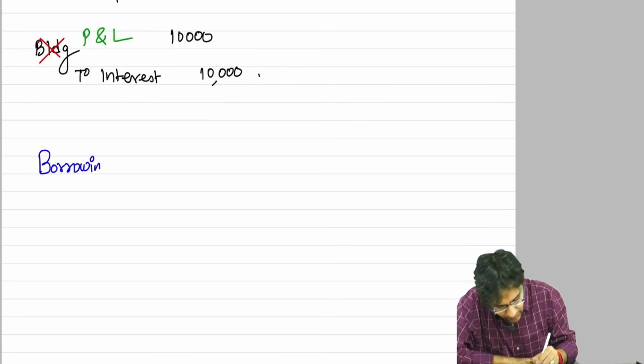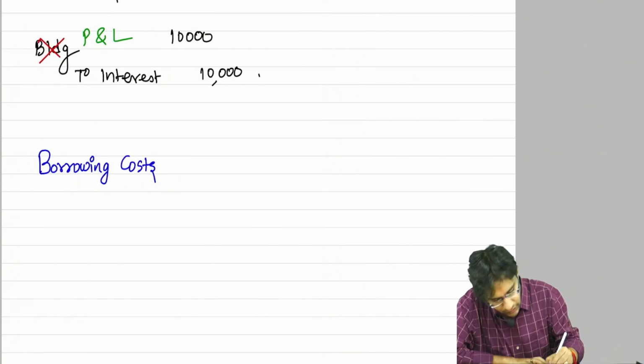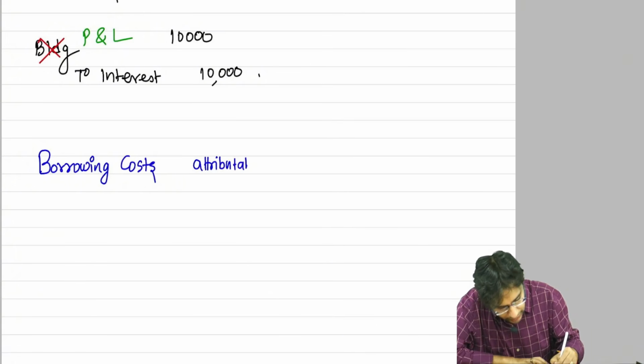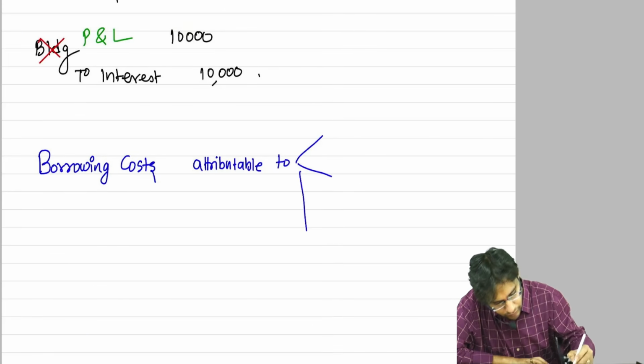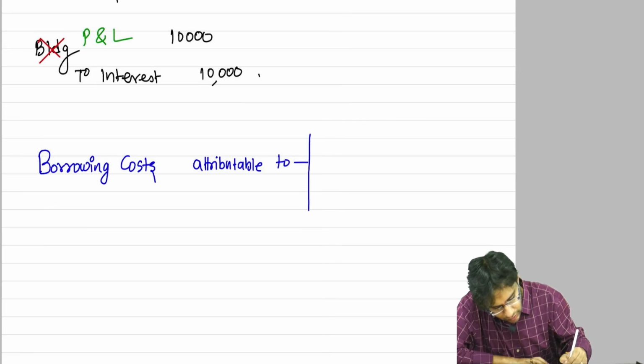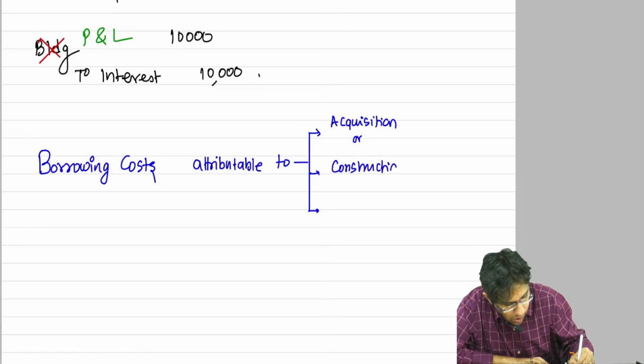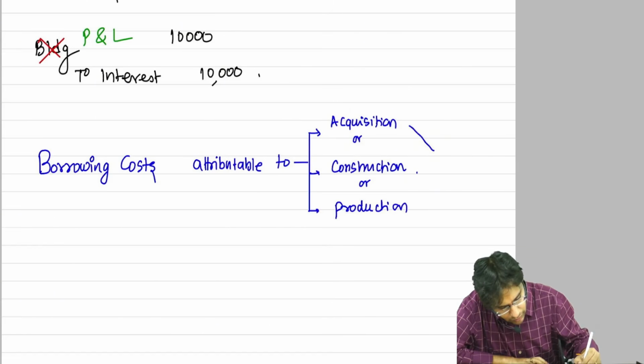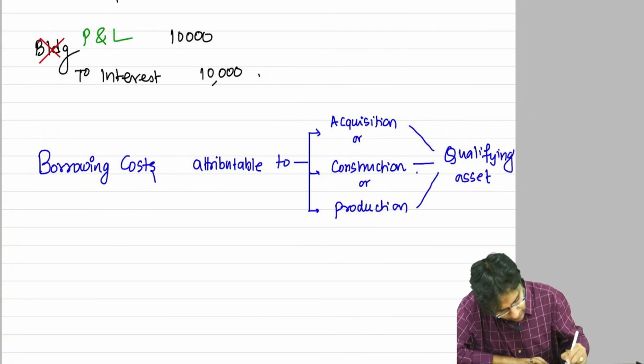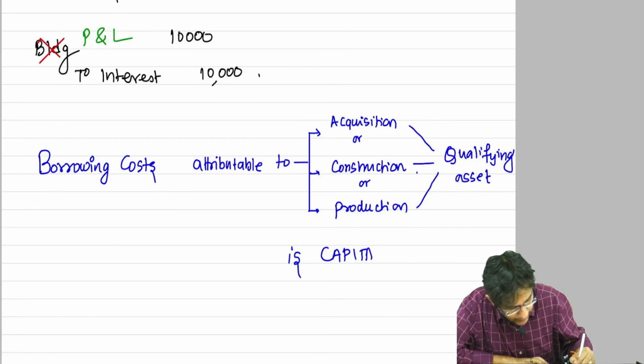The standard says, borrowing costs that are attributable to three things: acquisition or construction or production of a qualifying asset is capitalized.